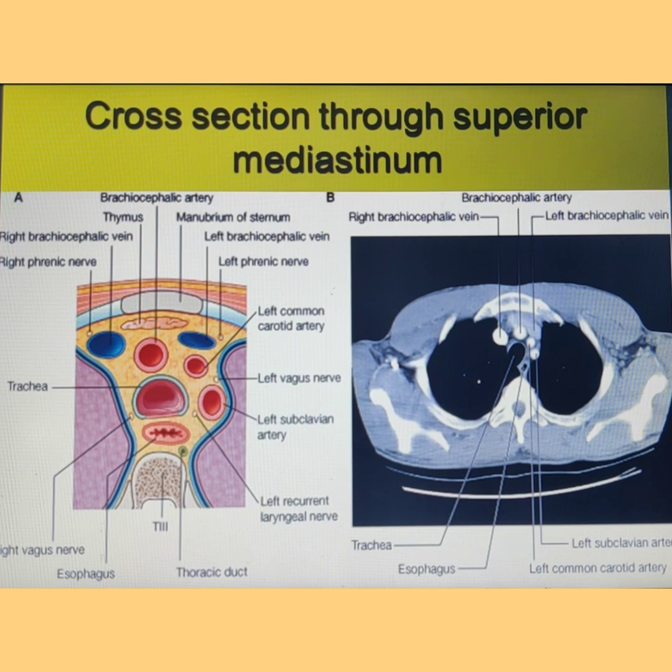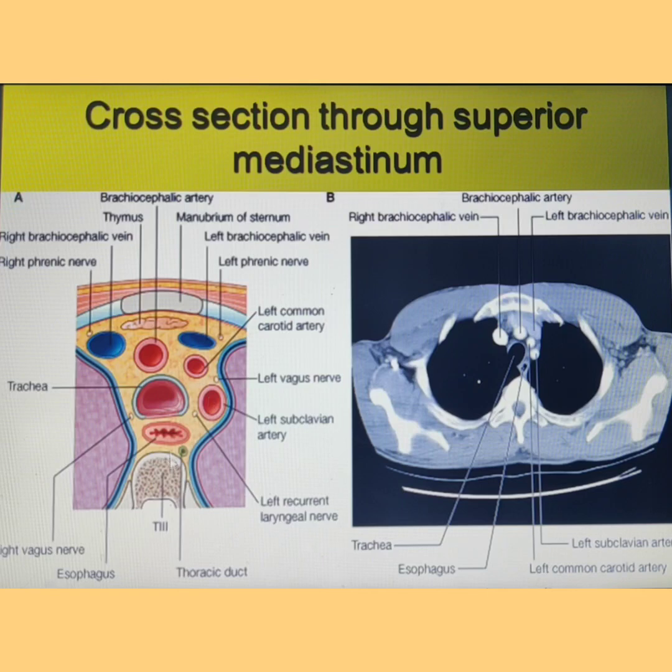Now let us discuss the cross section through the superior mediastinum. This cross section is at the level of T2, T3 or T4 vertebra. The most important structures which lie in the transverse section are the brachiocephalic trunk, left common carotid and left subclavian artery.